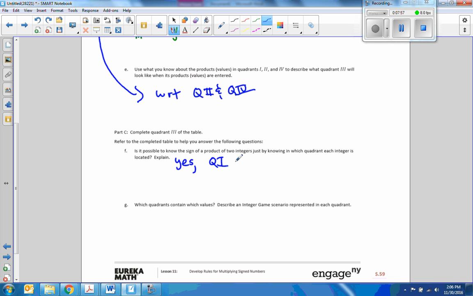Quadrant 1, positive. Quadrant 2, negative. Quadrant 3, positive. Quadrant 4, negative. And it says explain. Well, I'm going to explain it speaking, not writing.